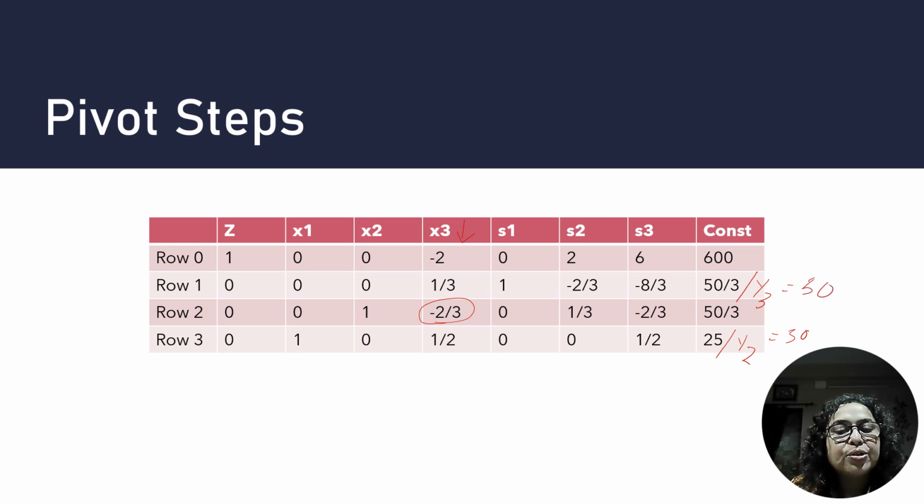Now, we can take any of the two, and let's decide to take this one because this is half, and simply if we multiply this with 2, it becomes easier to do the pivot step, right? Because we have to convert this to 1. So x3 is our incoming variable, so this is the pivot element.